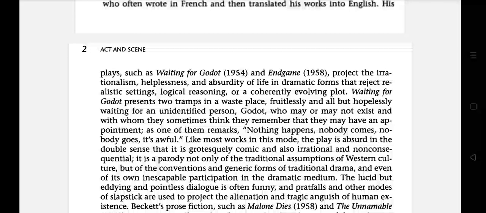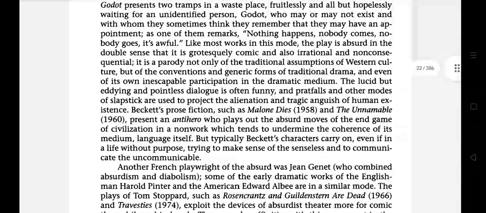Waiting for Godot presents two tramps in a waste place, fruitlessly and all but hopelessly waiting for an unidentified person, Godot, who may or may not exist, and with whom they sometimes think they remember that they may have an appointment. As one of them remarks, "Nothing happens, nobody comes, nobody goes, it's awful." And it is the best example of absurd literature.